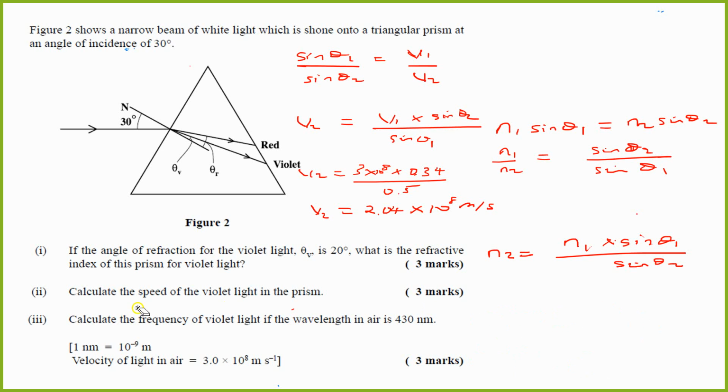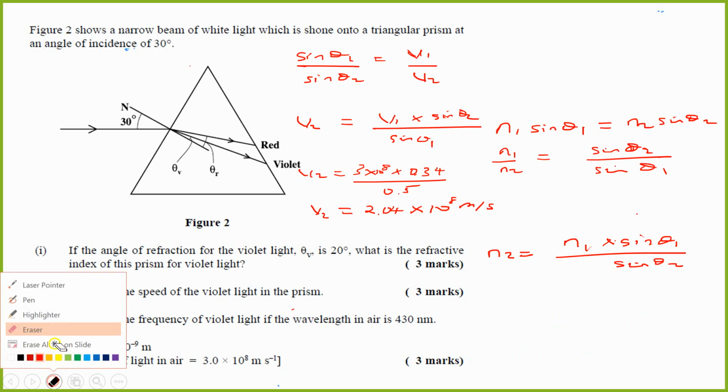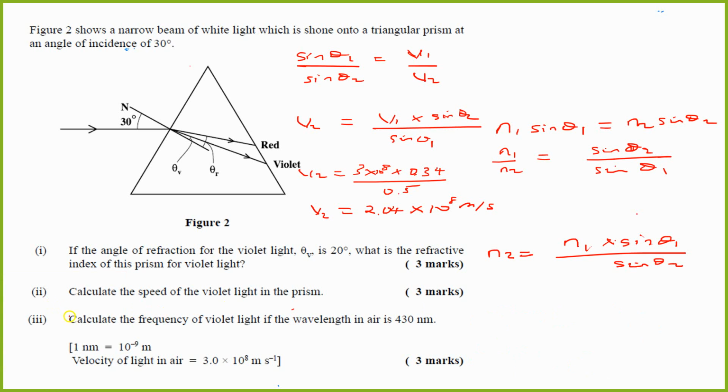Just a while ago we calculated the speed of light in the prism, but now they're talking about the wavelength in air. We know the speed of light in air, so they just want to find the frequency.